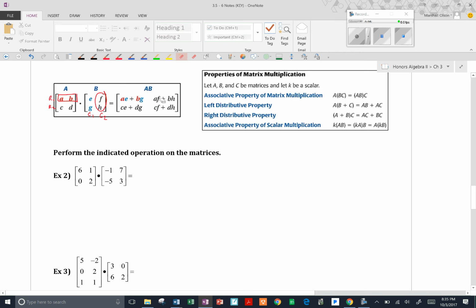Okay, and what I mean by that is when I multiply that row and that column, I'm going to get the row 1 column 2 spot in this matrix. Here's the first row, there's the first column, there's the second column. So there's the first row, second column. So you always know kind of where you're working in the matrix.